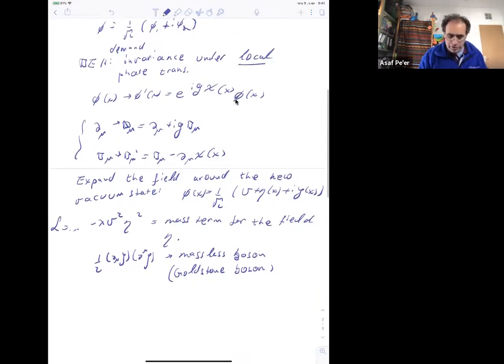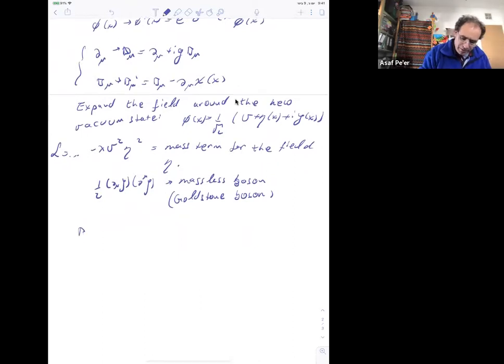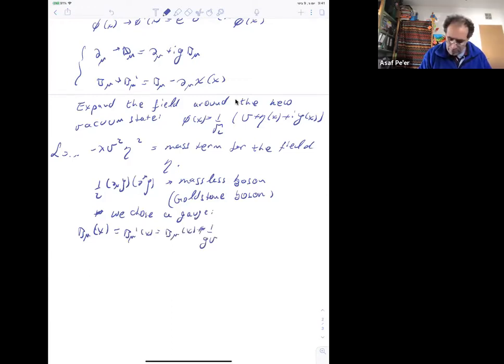So we chose a specific gauge, B mu prime of x, which is B mu of x plus 1 over g v d mu psi of x.